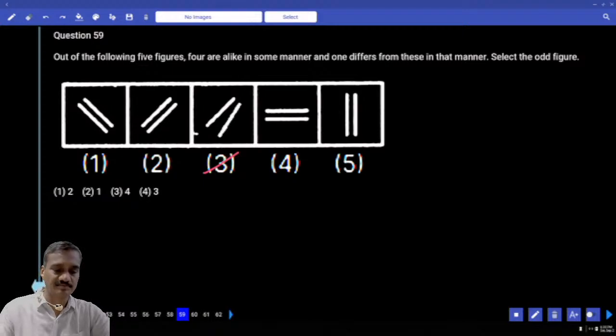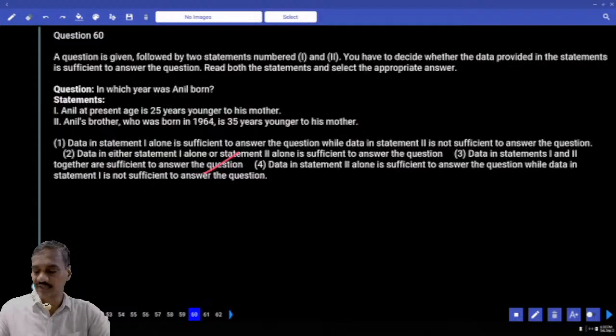The next one, 60th. In which year was Anil born? Anil at present is 25 years younger than his mother. Now with the help of this one, we do not know when his mother was born. One alone is not sufficient. The next one, Anil's brother was born in 1964, 35 years younger than his mother.